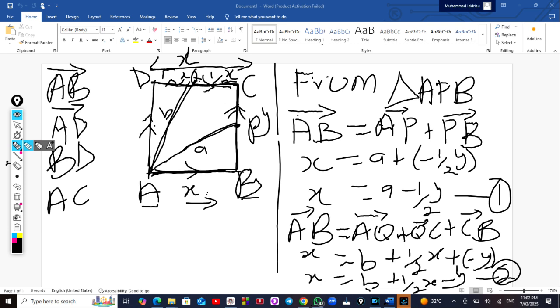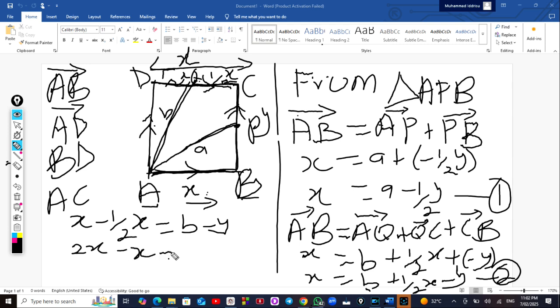From equation 2, X minus half X is equal to B minus Y. Multiplying through by 2, 2X minus X is equal to 2B minus 2Y.